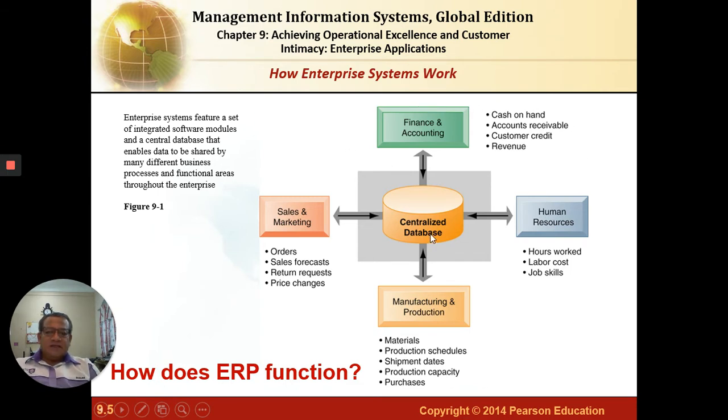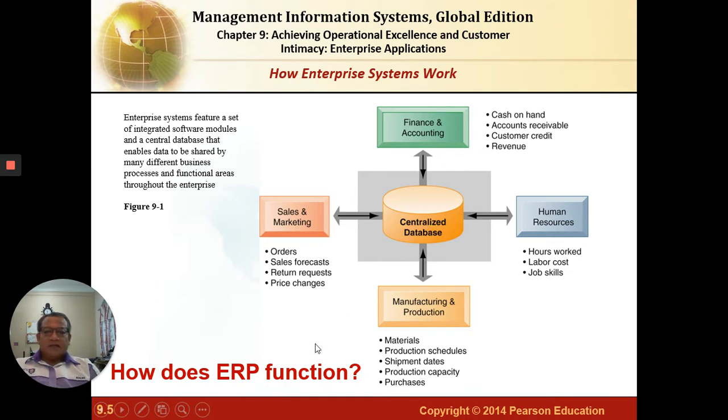The major feature is this centralized database, as explained by the video clip on how the ERP mechanism functions. In this centralized database, all information regarding the requirements of the customer, for example, product name, product number, parts, are all updated into this centralized database.